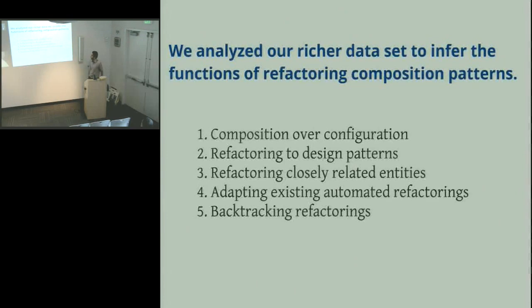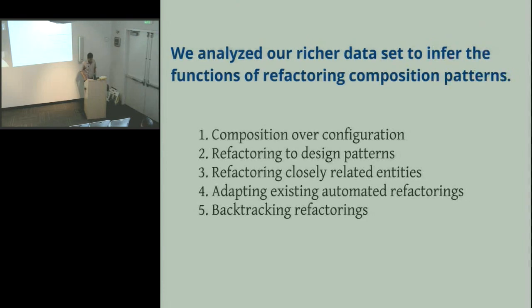One is that there are entities that are related but not by binding. For example, the programmer renames the field of a class and then goes off and renames the corresponding parameter of the constructor. So these are closely related but not related by the binding. There are other uses, but I'm going to skip over them.